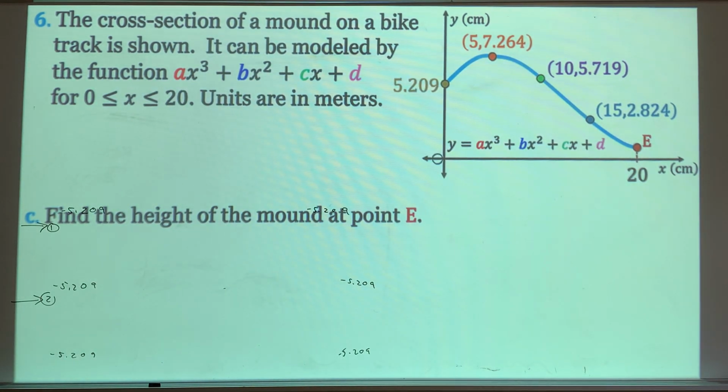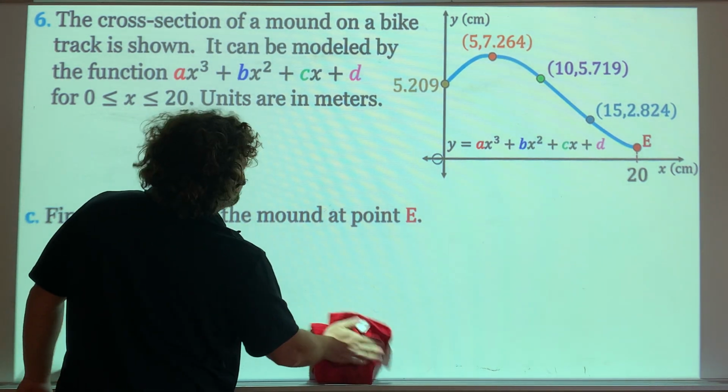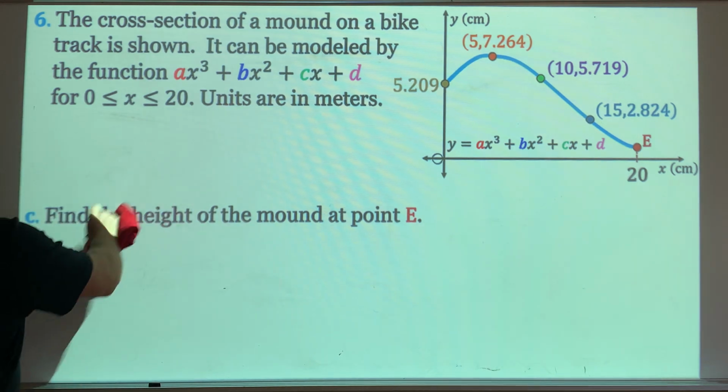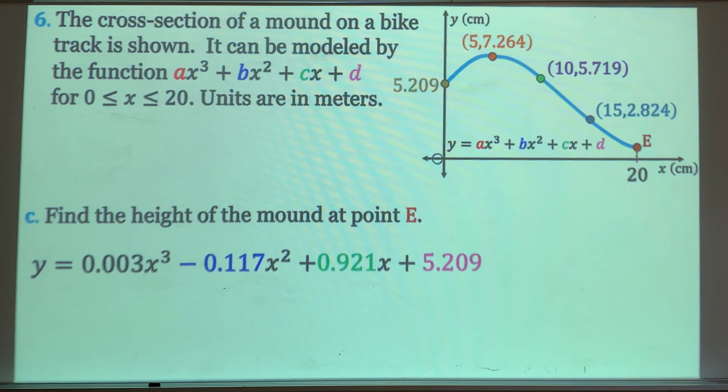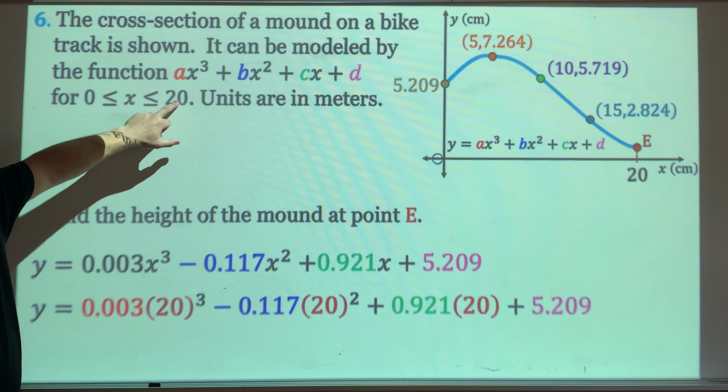So, that's part of the cross section of the mound, same question. Find the height in meters. So we have this equation, right? What do we do with it? We plug in 20, right?